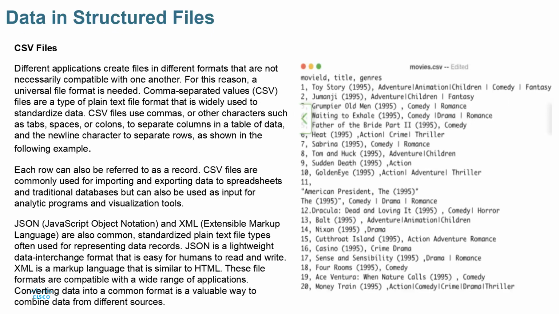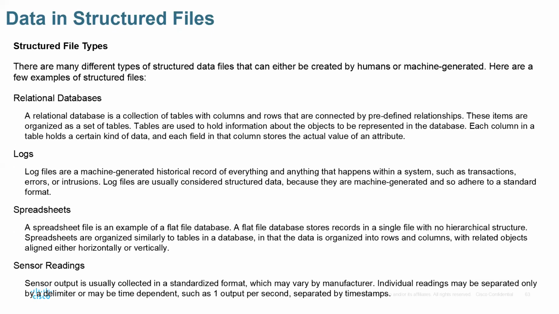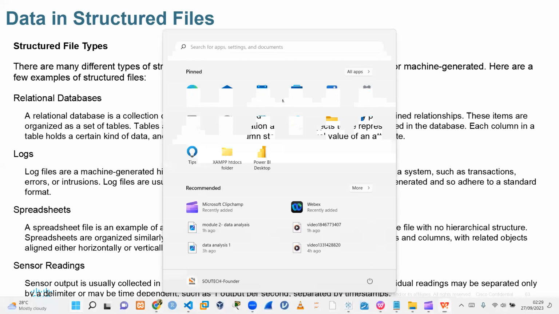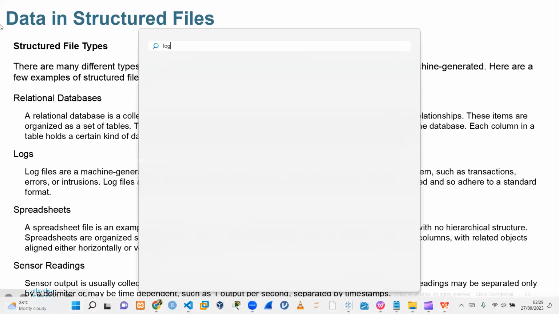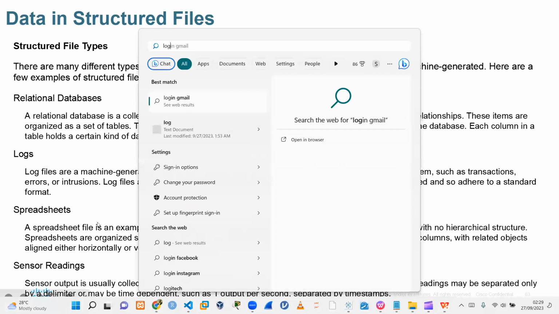CSV is also a type of structured data. But there are times where you're going to have data that is not structured. Relational databases are structured data sets, logs of a website, logs of a machine, logs of your PC. If I say log right now, it will be possible for me to get the log of my system in my event viewer, right?